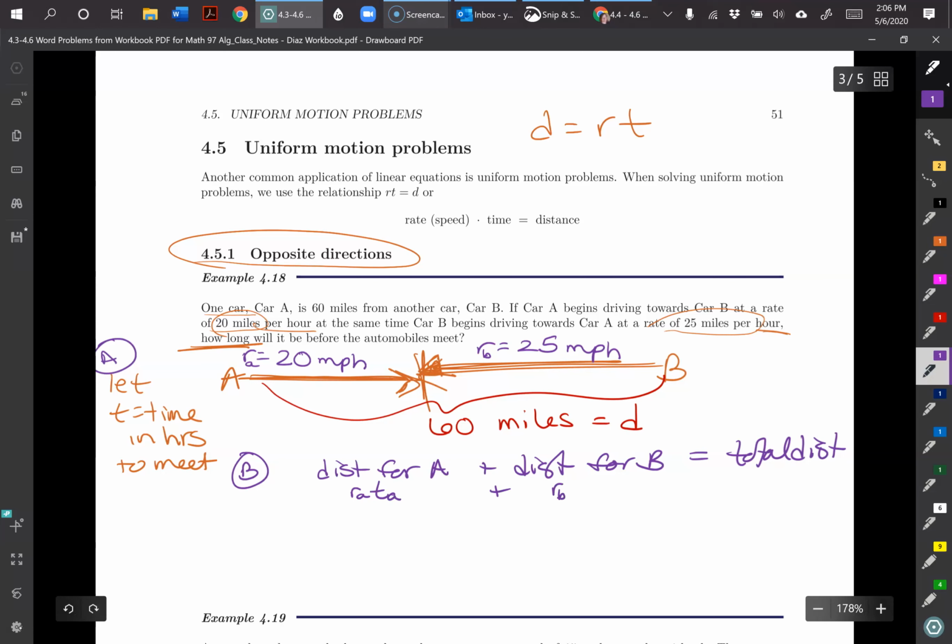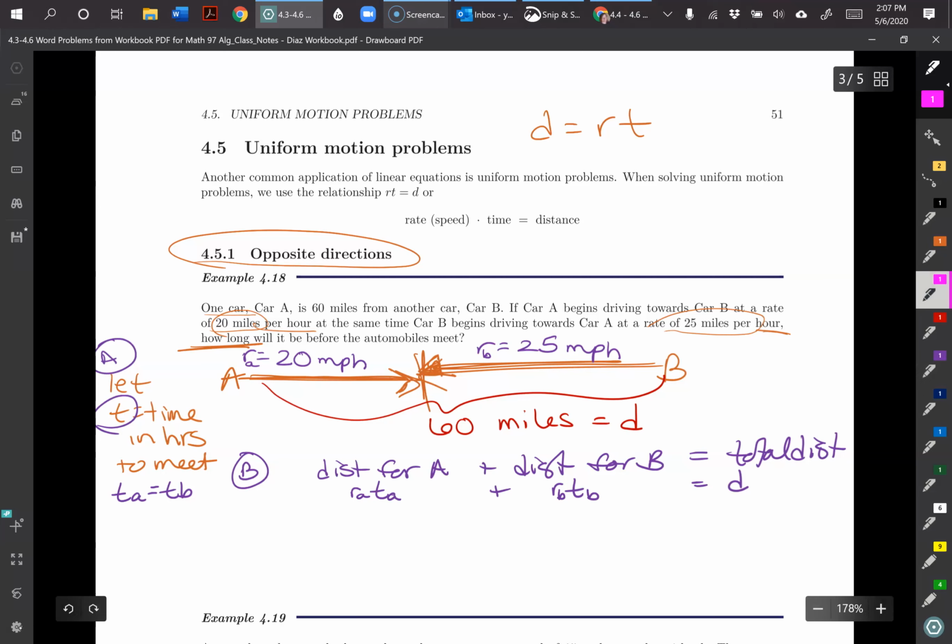Rate of B times the time of B equals total distance. So we don't know the time for A, and we don't know the time for B, but we do know that they're the same. Time for A equals time for B, so we're just going to call it all T, because it's happening all simultaneously.